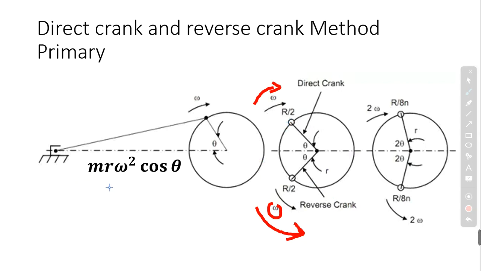See, you have already studied the primary force is equal to m r omega square cos theta. Primary unbalanced force due to the reciprocating mass along the line of stroke is equal to m r omega square cos theta.